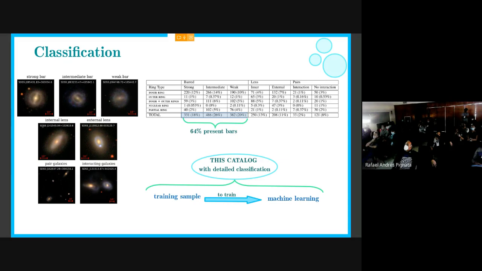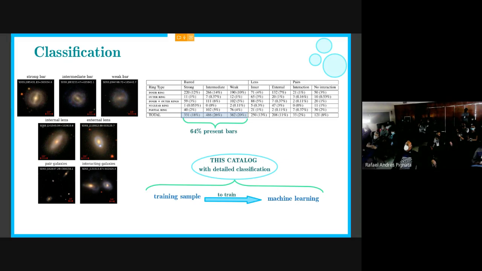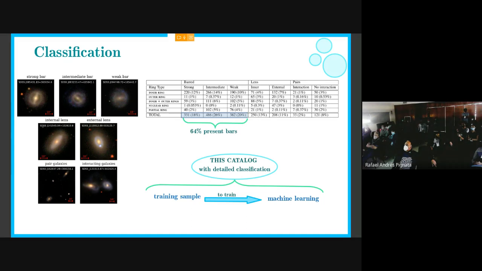In addition, in these images, you can observe ringed galaxies with other features. Here you can see various ring galaxies with strong, intermediate, and low bars, with the length, and in interaction, in close interaction and in far interaction.